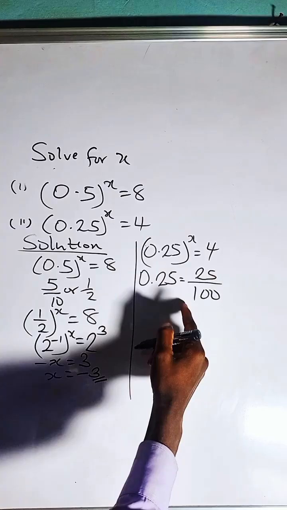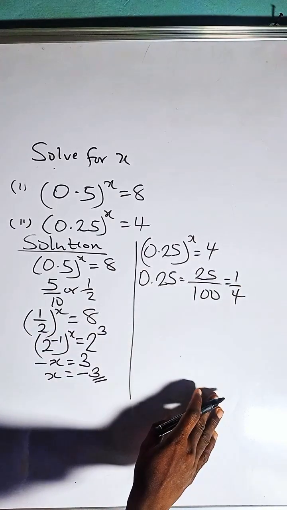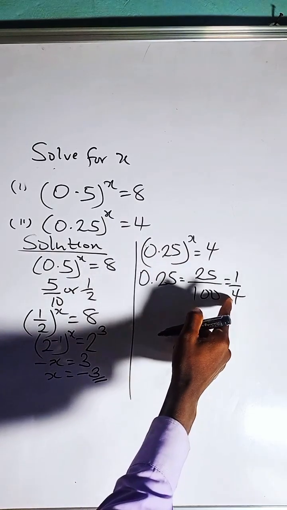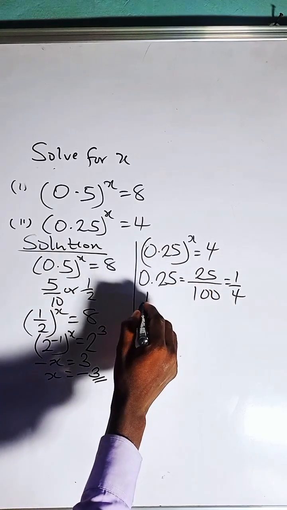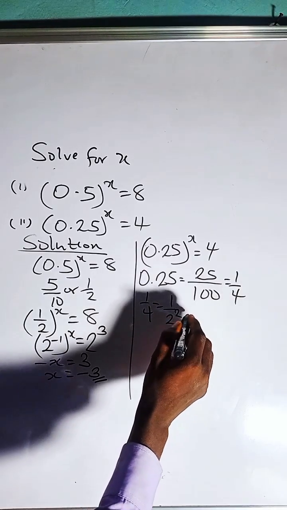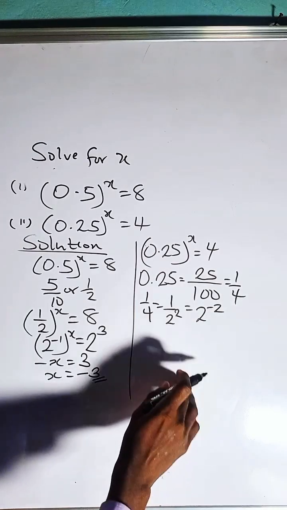When we reduce this further, we have 1 over 4. So let us replace this with 1 over 4. 1 over 4 can be written as 1 over 2 squared, or 2 raised to the power minus 2.